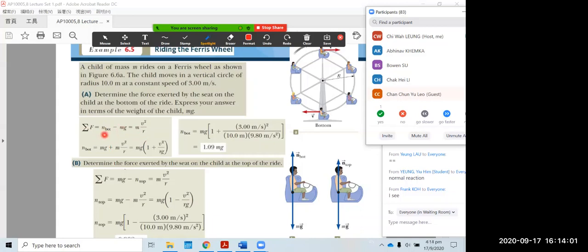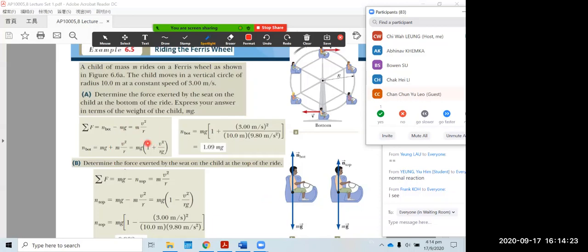Are they the same? N bottom and mg, are they the same? They cannot be the same, because if they are the same, that means this would become 0. It would not be a circular motion. The N bottom would be larger than the weight of the boy in order to successfully perform a circular orbit.